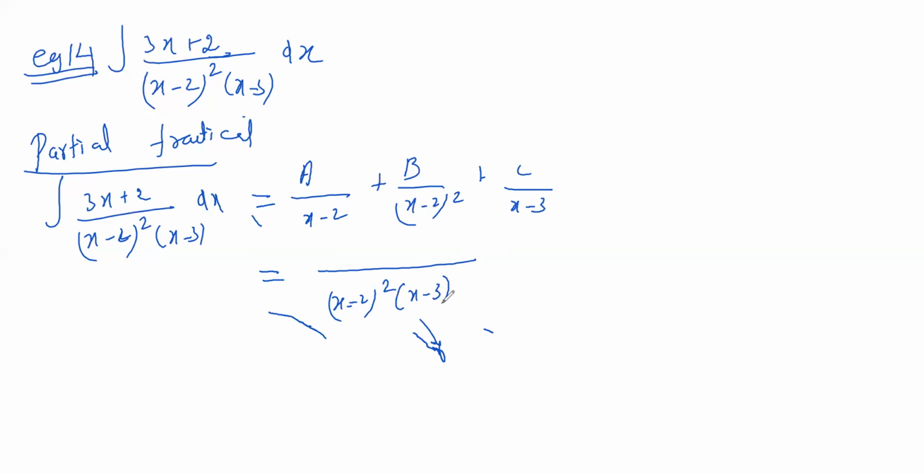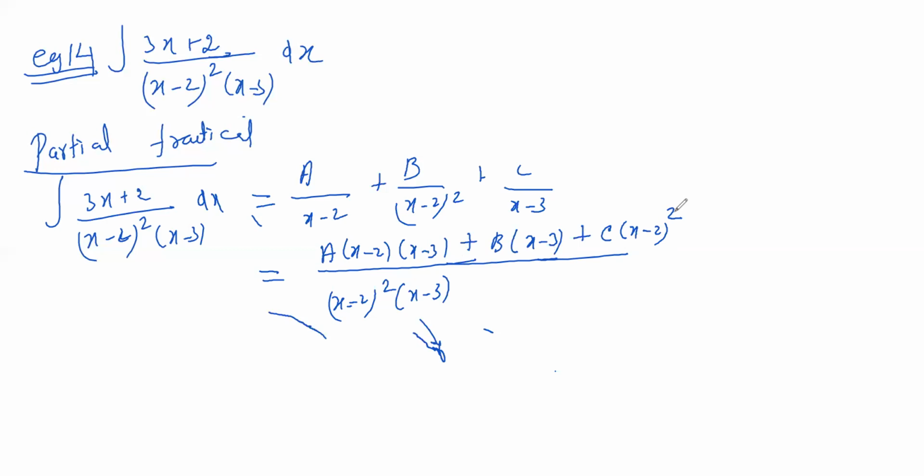So here we'll get a into x minus 2 into x minus 3 plus b into x minus 3 plus c into x minus 2 the whole square. These things you have learned in the previous class itself, so that it will be easier for you.